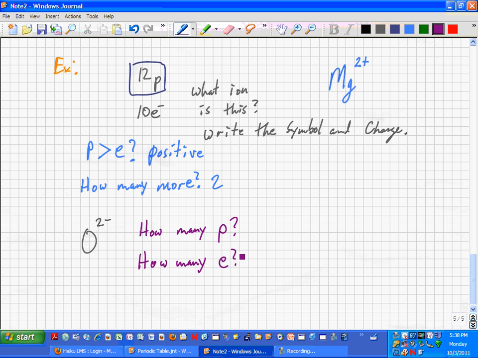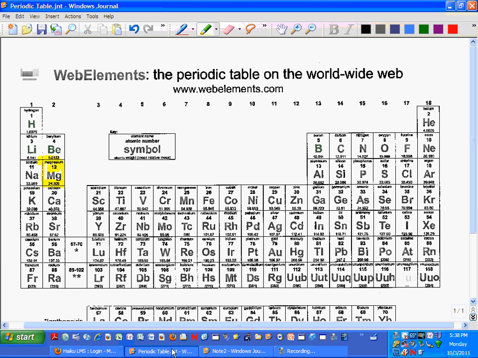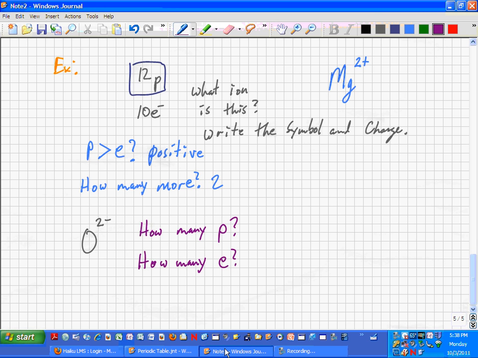Well, I think I'd start with the protons first because that's easy. I look up oxygen on the periodic table. Oxygen says 8. There it is. Atomic number equals 8, so protons equals 8. I've got 8 protons.